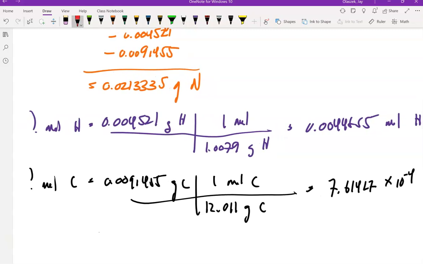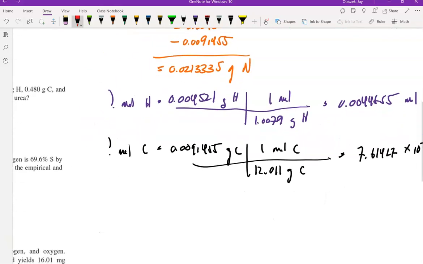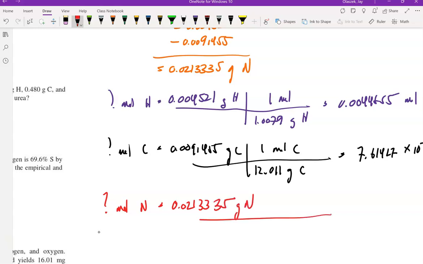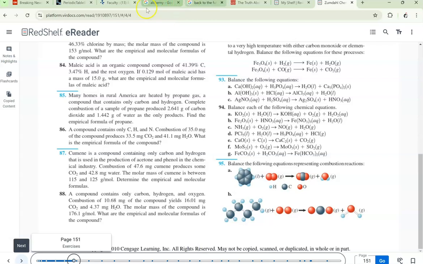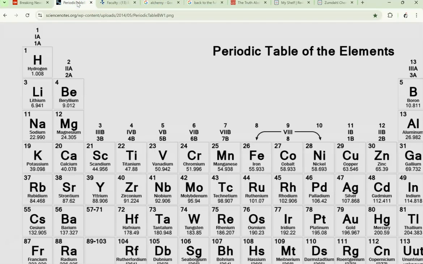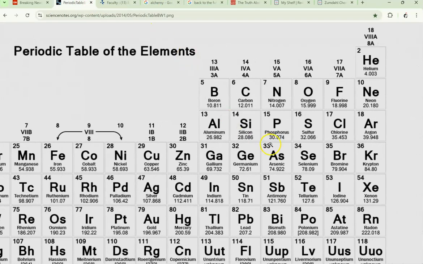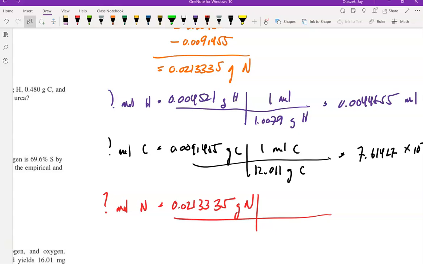And finally, if we know how many grams of nitrogen we have, how many moles are we talking about? If we have 0.0213335 grams of nitrogen and the molar mass of nitrogen, I've got a periodic table right here, is 14.007 grams in 1 mole.